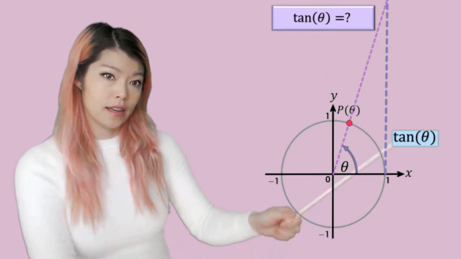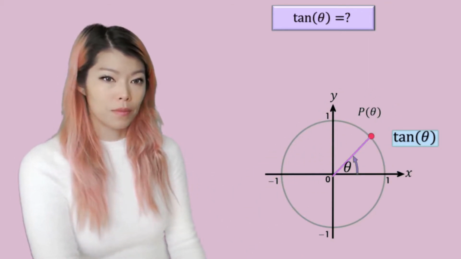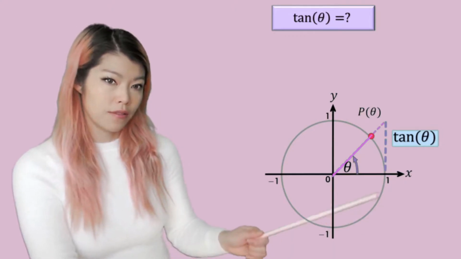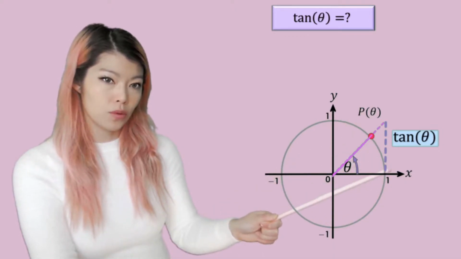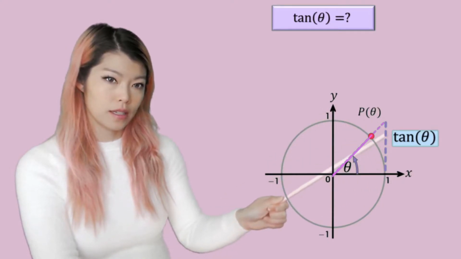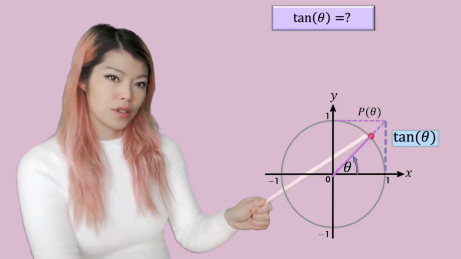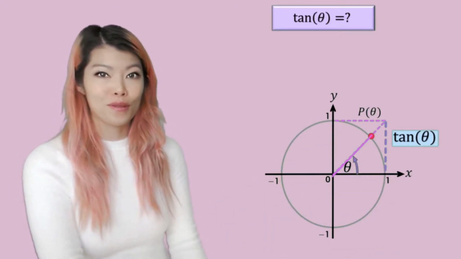We can see that tan is obviously bigger than 1 at the moment. But we also can notice that if I put the dot right in between the two axes, then I will get tan theta equal to 1. And we notice that this angle here is 45 degrees.